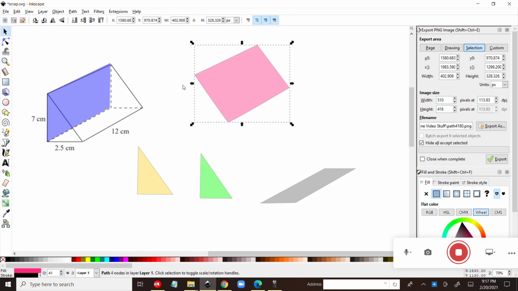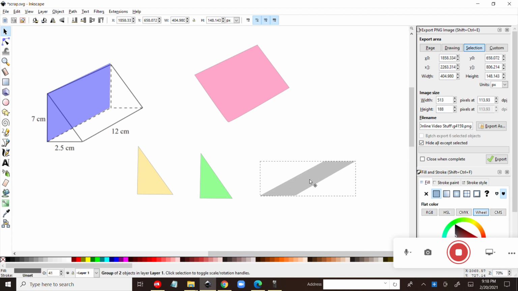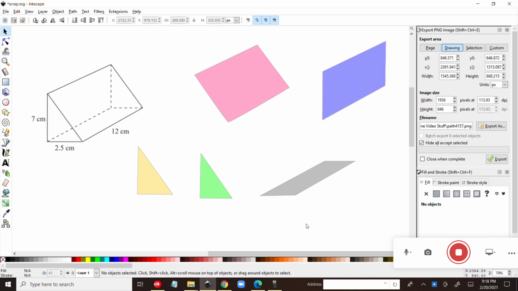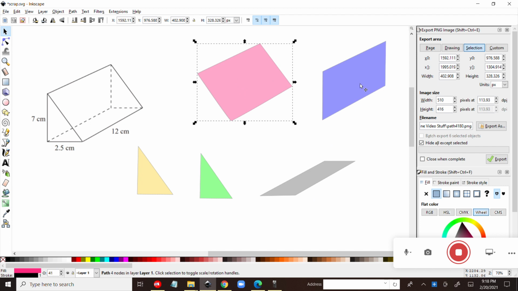It doesn't look like a rectangle because of the angle you're looking at it from. And this is also a rectangle, and this blue shape is also a rectangle. So it's basically 3 rectangles and 2 triangles.